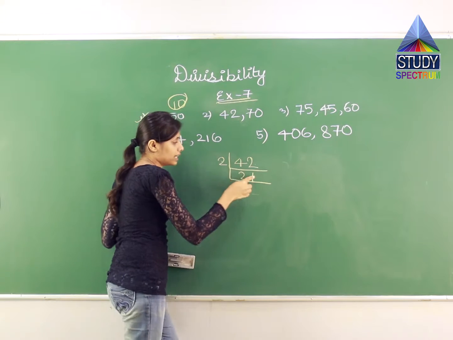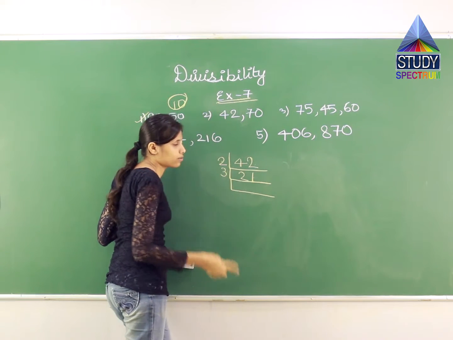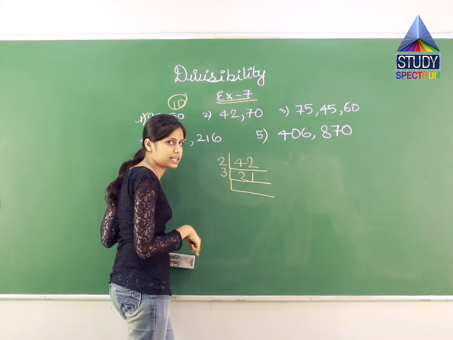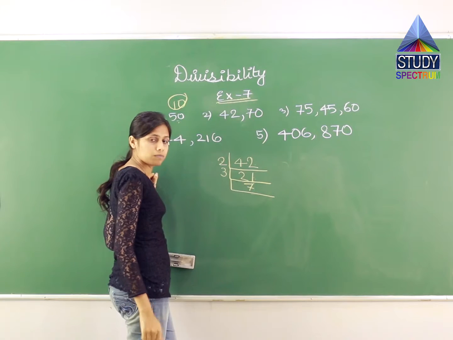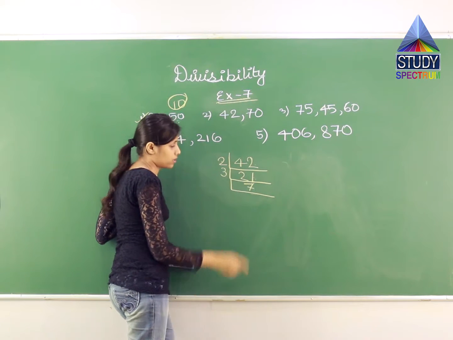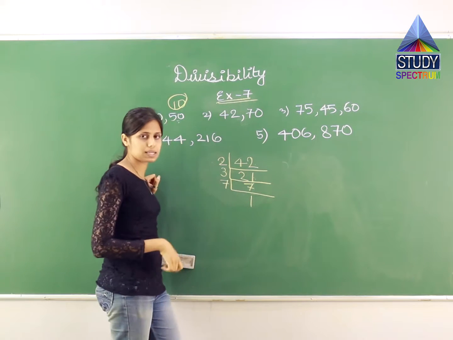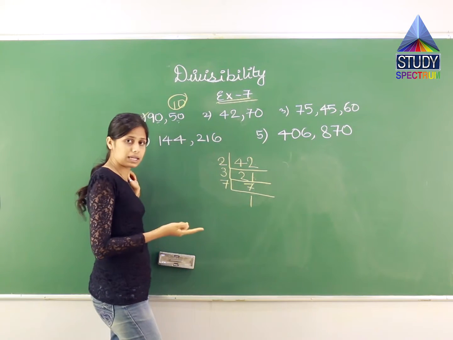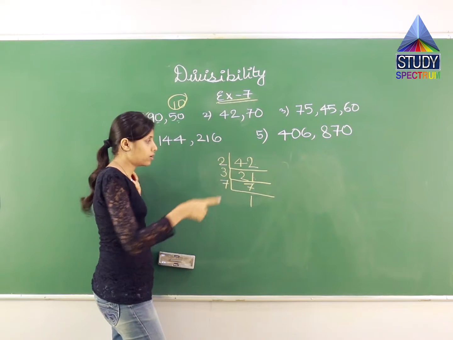Let us see. 21. So 3 के साथ है. 3 1s are 3, 3 2s are 6, 3 3s are 9, 3 4s are 12, 3 5s are 15, 3 6s are 18, 3 7s are 21. So what do I get? 7 over here. 3 7s are 21 and 7 1s are 7. Because 7 is the prime factor. So what are the factors I get? 2, 3 and 7 for 42.